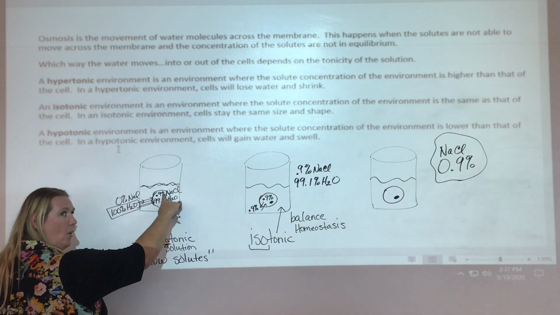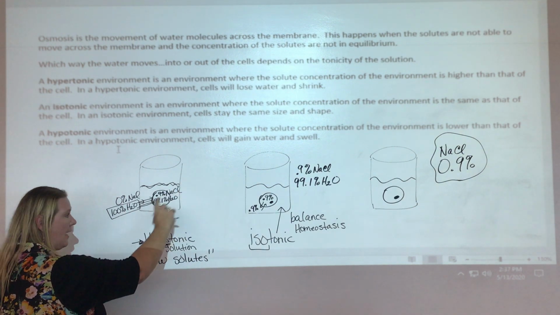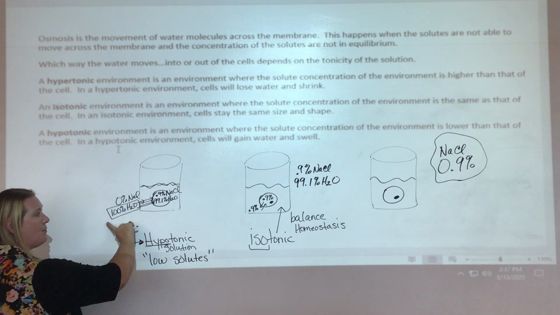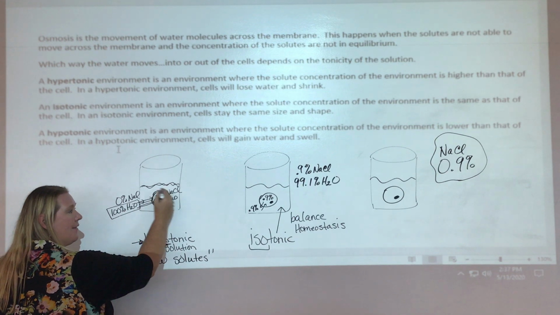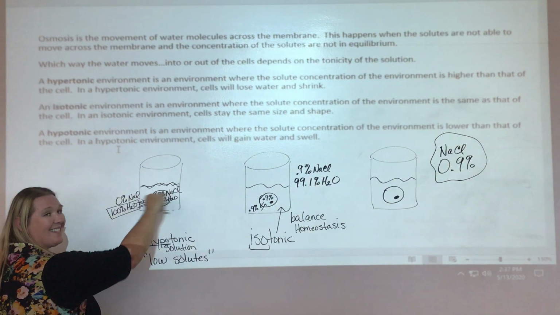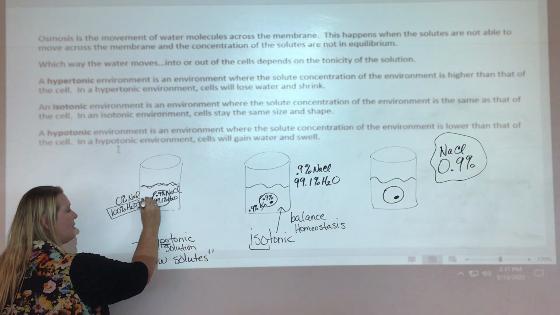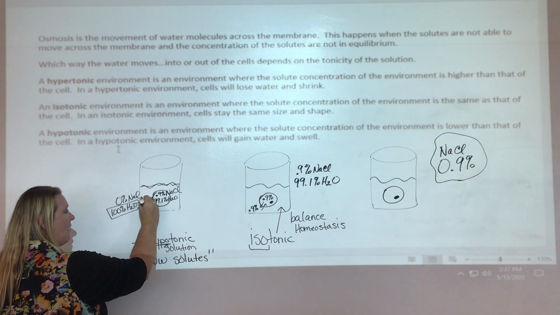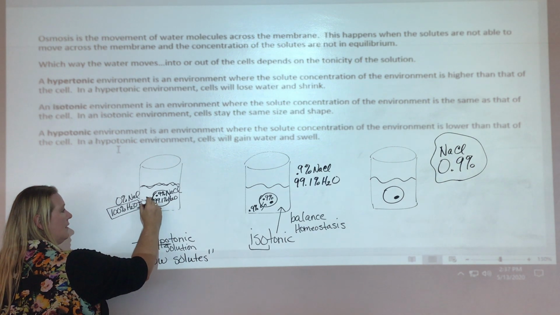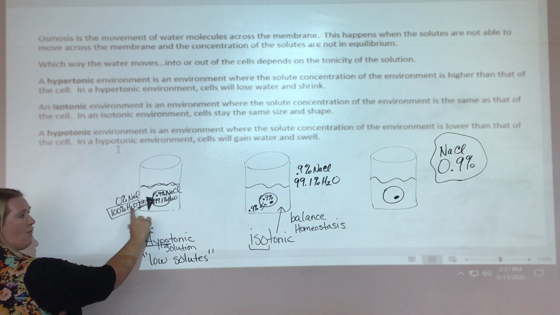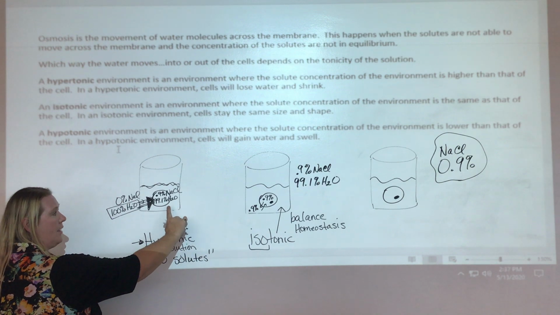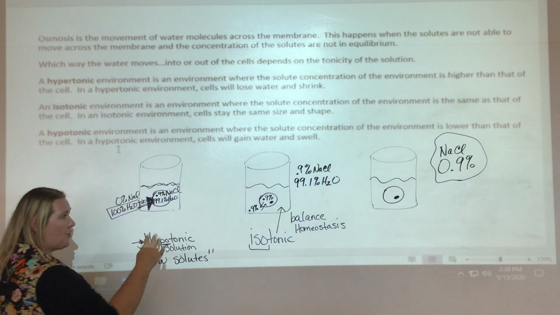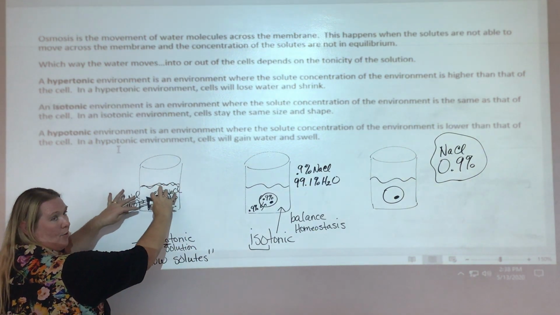Whereas the cell has 0.9. That's higher. So water is going to need to move in to dilute this 0.9 to where those are the same. So water would continue to move into that cell from high concentration of water to low concentration of water to try to get it to balance, to get it to be the same environment in both places.